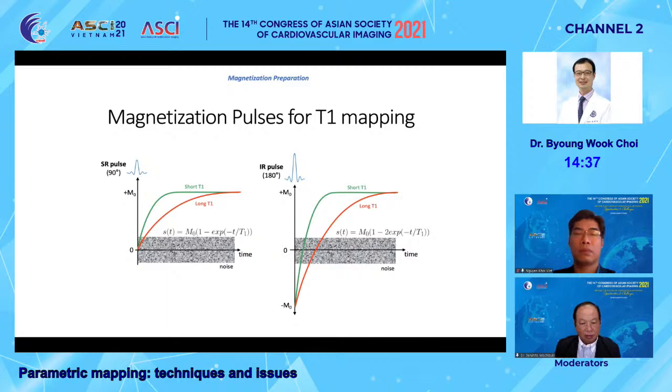However, standard inversion recovery measurement requires a long repetition time, approximately 5 times as long as the T1 value, in order to allow complete restoration of longitudinal magnetization. If T1 of myocardium is 1 second, 5 seconds are necessary for full recovery. So repetition time should be greater than 5 seconds.